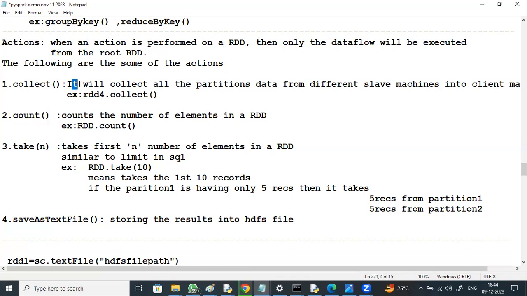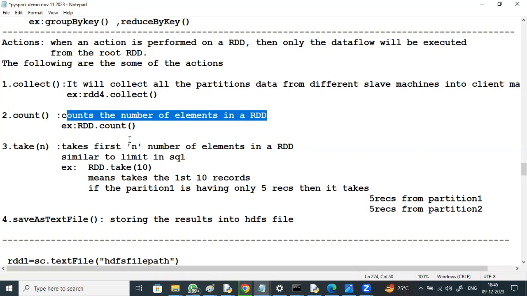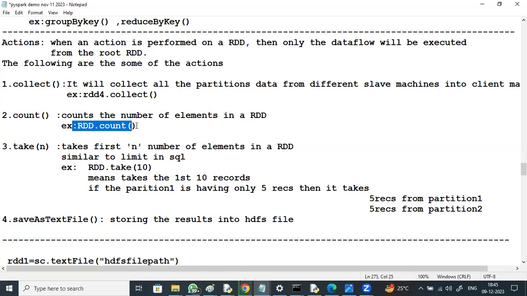Collect means it collects all the partitions which are distributed across multiple RAMs of multiple systems into the client machine: rdd.collect. Count counts the number of elements of an RDD: rdd.count.